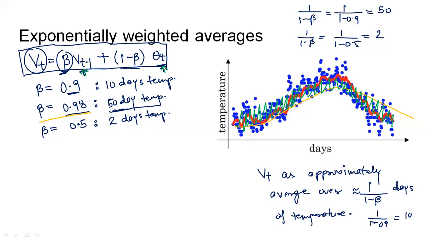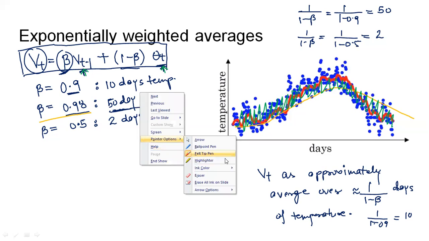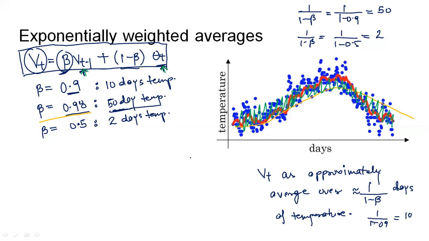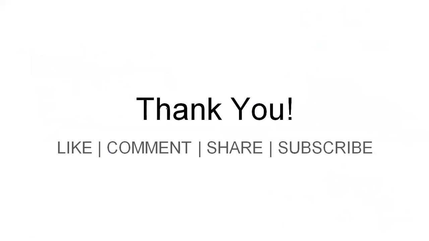So for this reason, the graph would now be quite a noisy one. Now I hope you have quite clearly understood the significance behind writing this beta here and 1 minus beta here. Now let us move on to the next slide.